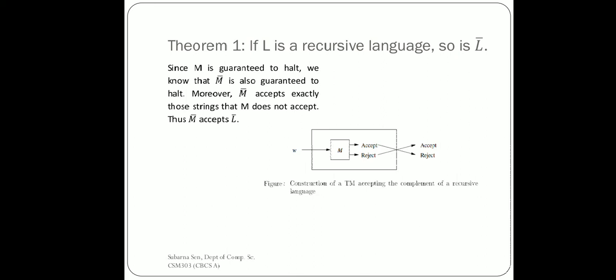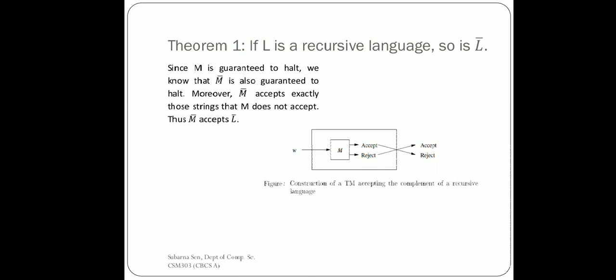That means if my M accepts L, my M dash will accept L complement as well. So it is closed under complementation. Both L and L dash will ultimately be recursive languages only.